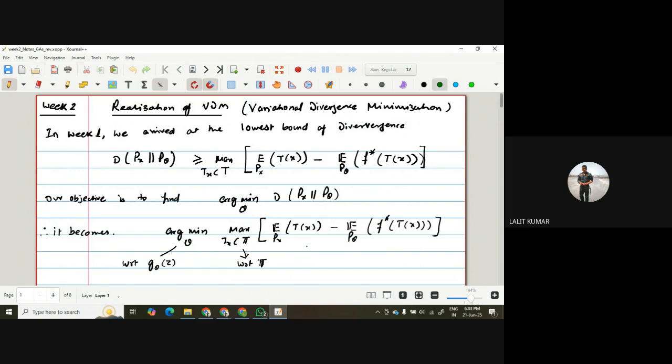So we had arrived at the lower bound of the divergence. And this we had found out, that the divergence lower bound has to be equal to or more than the maximum of the expectation of T(x) in the domain of P(x) minus the expectation of f star of T(x), which is the conjugate.